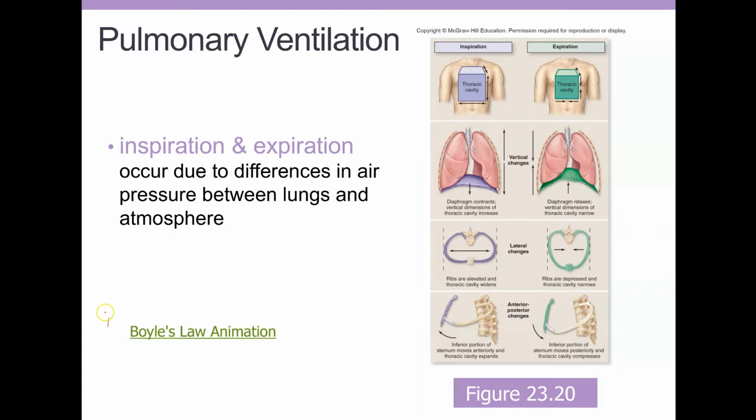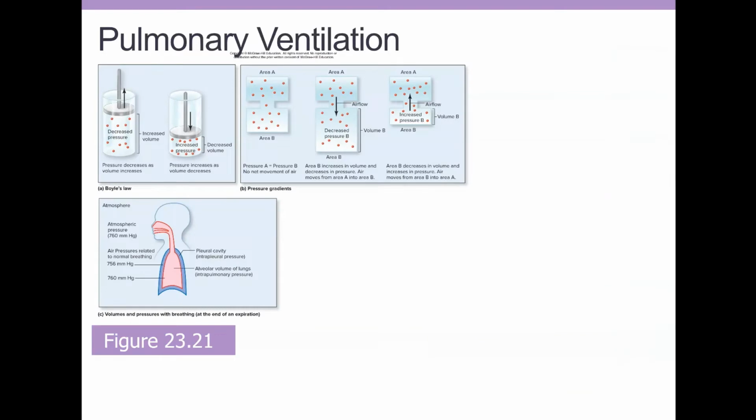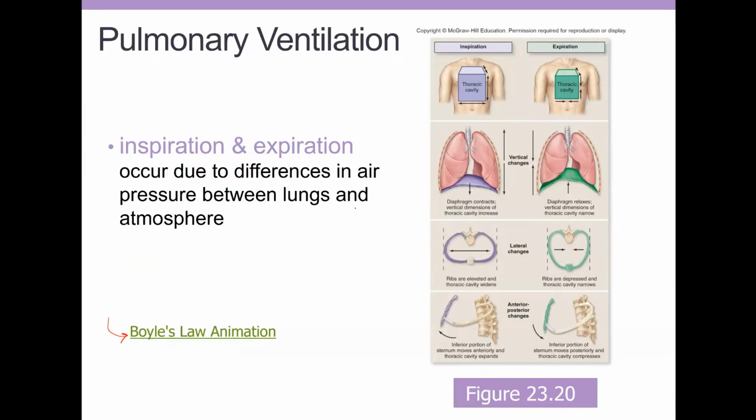There's another great animation here on Boyle's Law. Boyle's Law is the math of how this works, the physics of how this works. What's happening here is, there we go. Let's look here.